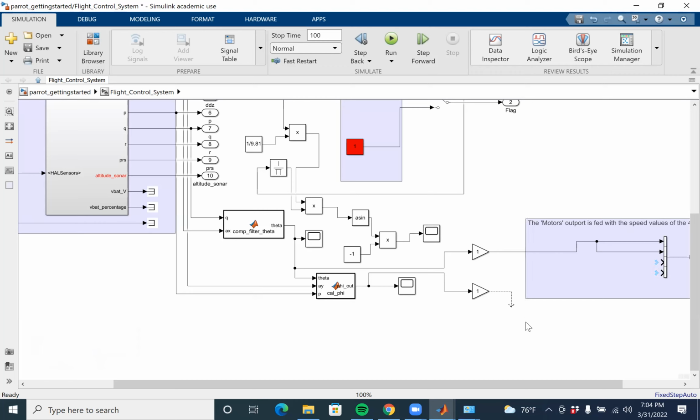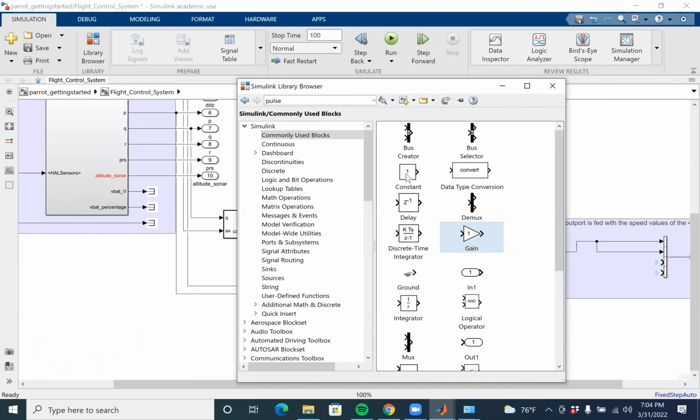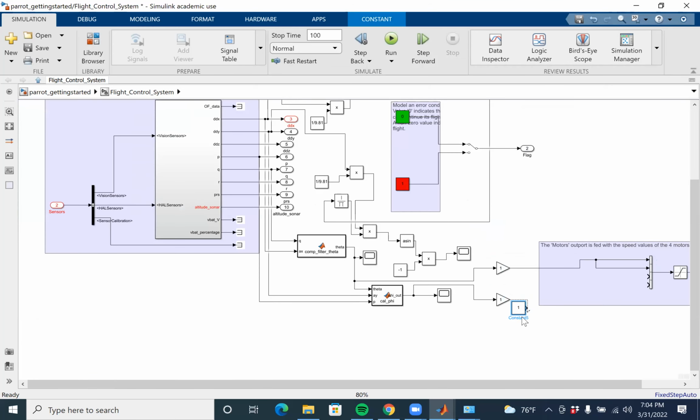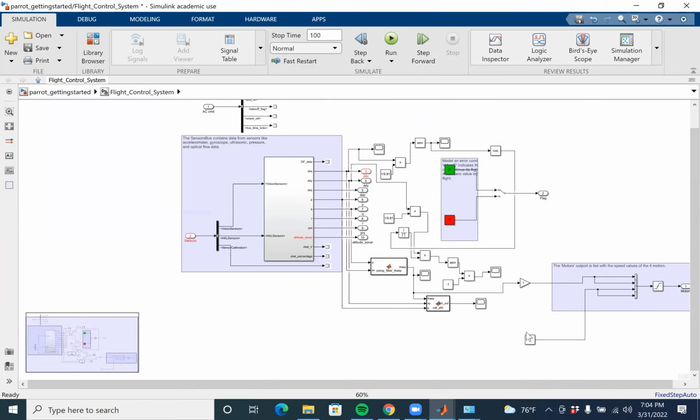You can just increase and that should be okay. So I'm going to use a constant for the time being, and I'm going to feed this constant value here.